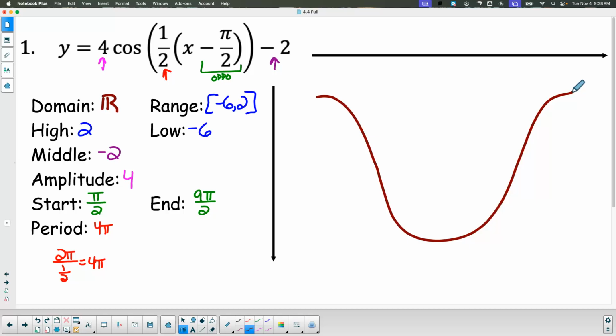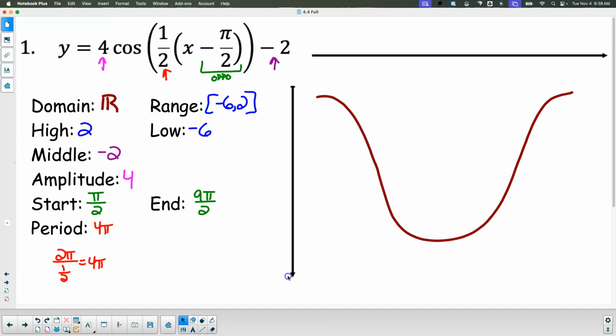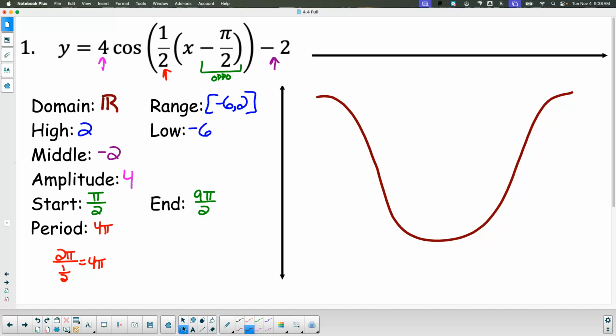We started at pi over 2, so that means my y-axis would be over there. We went from 2 down to -6, and our middle was at -2.